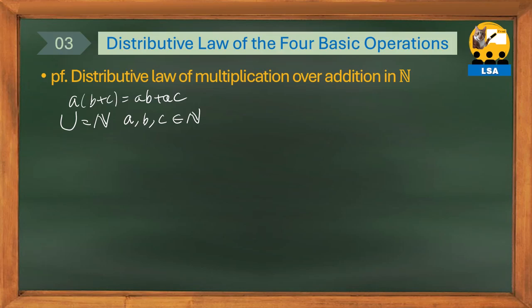A has a number of ones. B has b number of ones. And C has c number of ones.